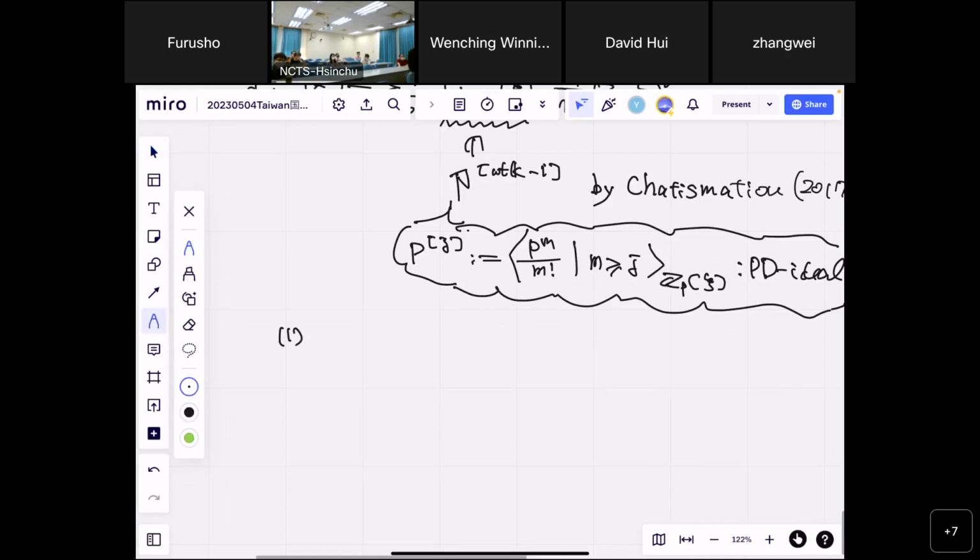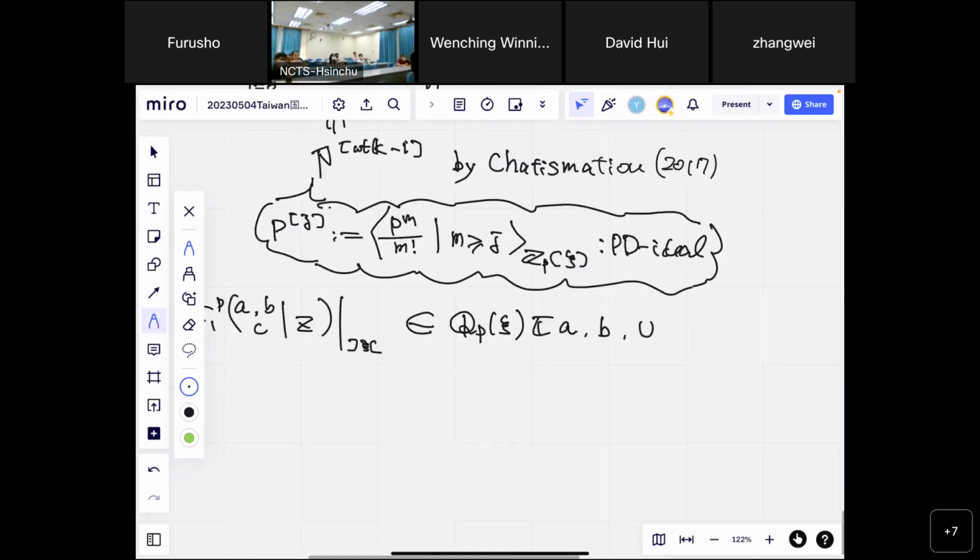Actually, first, A, B, C, and we consider the restriction to that, belongs to that, the cycle of the extension A, B, U, where U, C is equal to 1 minus C. This is the first.